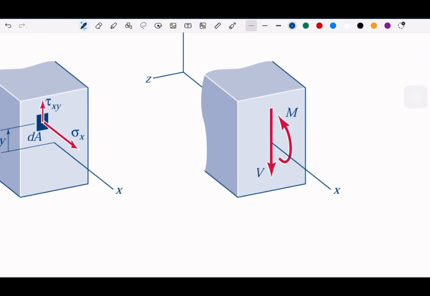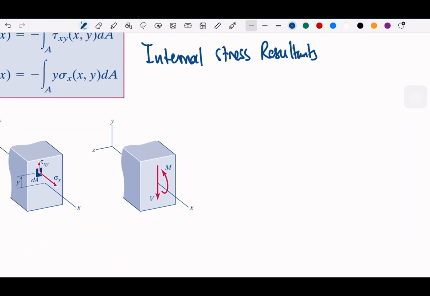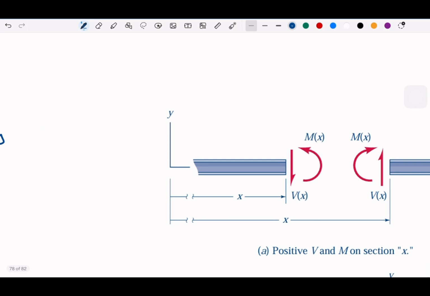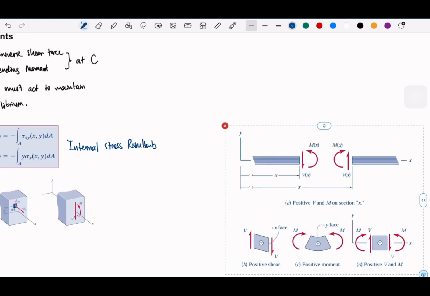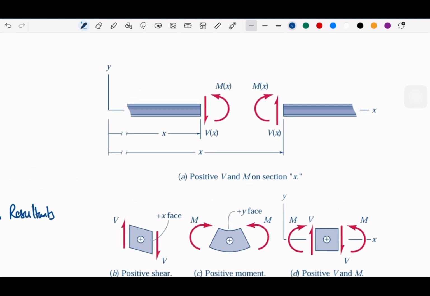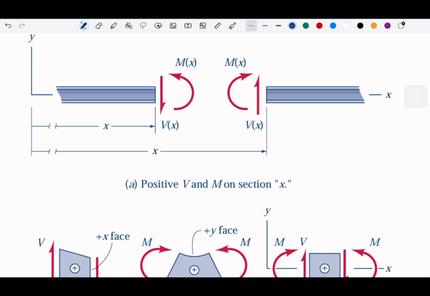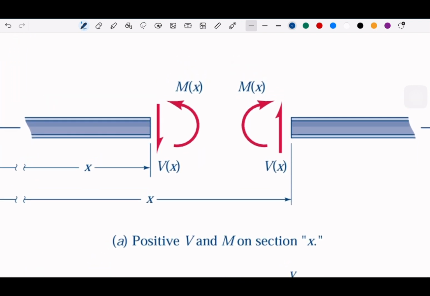Okay, and if we look from the side, we call this the positive V and M if we cut this section X. So every time you have this, we need to draw it symmetrically. If the left is going down, the right will be going up, and by default this will be the positive V and M on the section X.